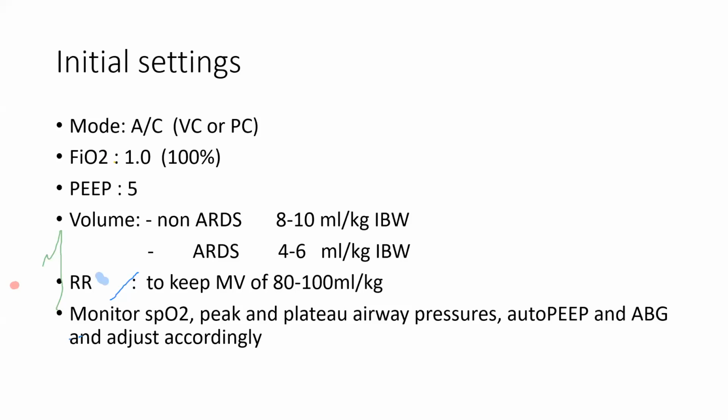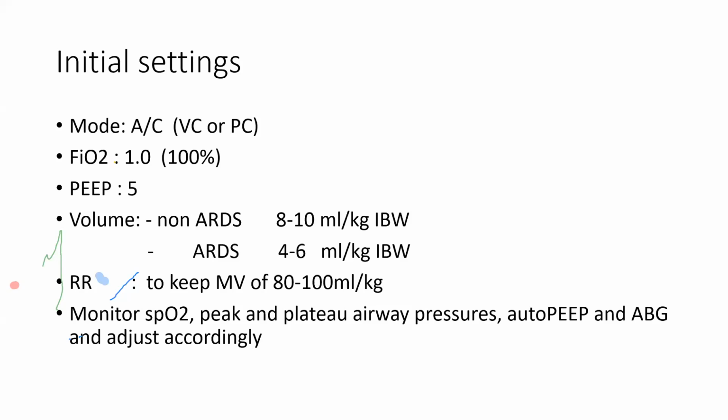And then volume. We assume you have started on volume control. This is the commonest mode to be used in our institution in KSMC. So volume differs whether the patient has ARDS or does not have ARDS. In ARDS, it is evidence-based that lower volumes end in better patient outcomes.